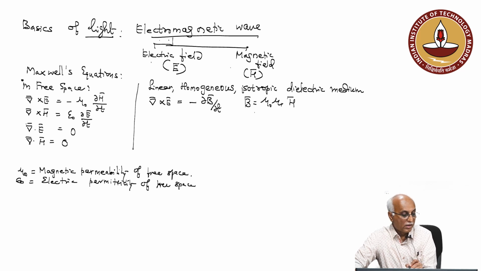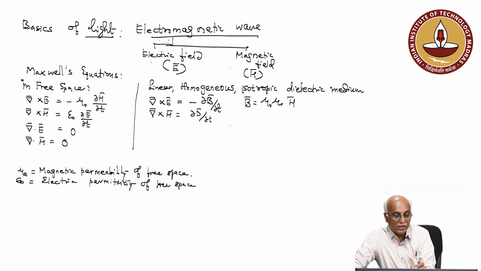Mu r is the relative magnetic permeability, and del cross H bar is equal to the partial derivative of D bar with respect to t.